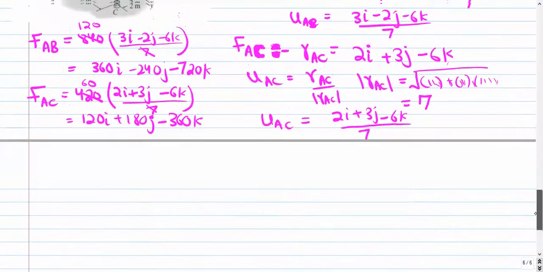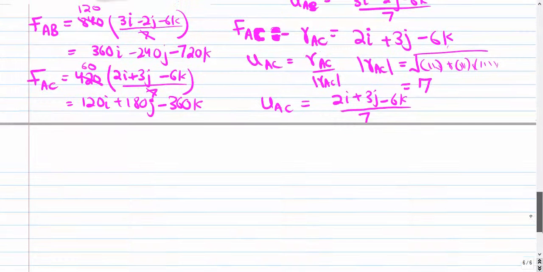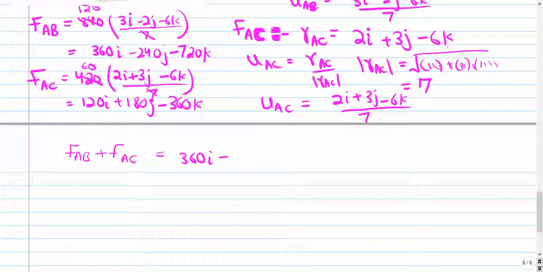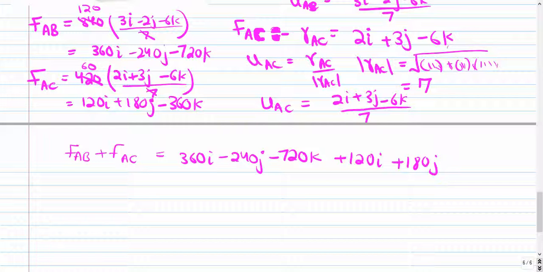Now that we have the force vectors for both the AB and the AC forces, we have their Cartesian forms, so we can just add them. So FAB plus FAC is going to be equal to 360i minus 240j minus 720k plus 120i plus 180j minus 360k.